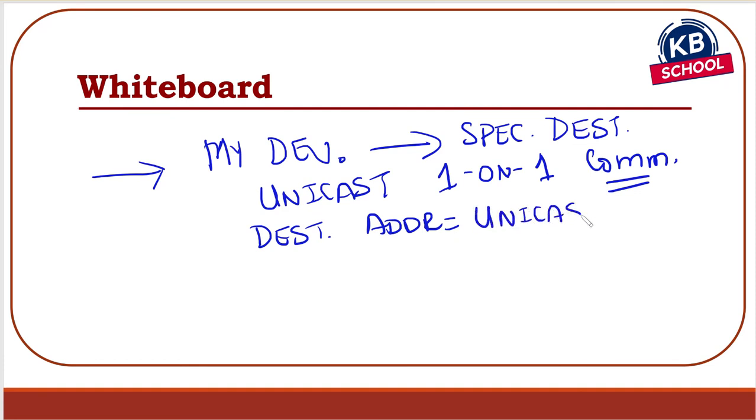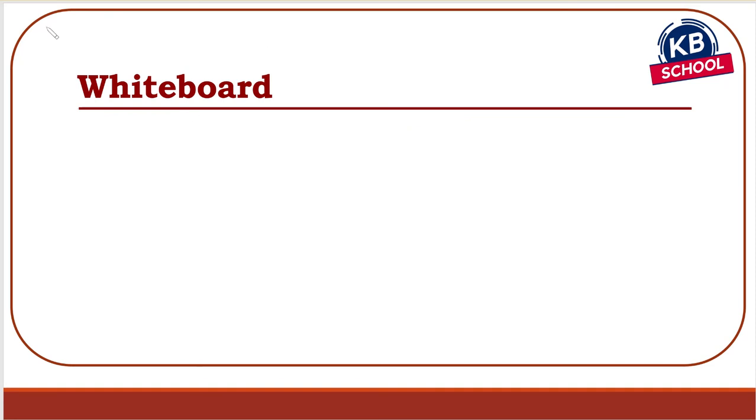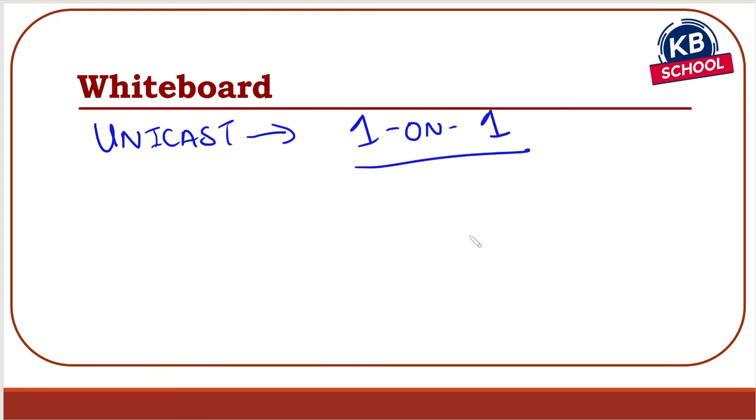Unicast means it is meant for a specific location, a specific destination. That's the first type of communication that I have, one-on-one, which is unicast. So unicast represents a one-on-one communication. This is the most common type of communication on the internet.